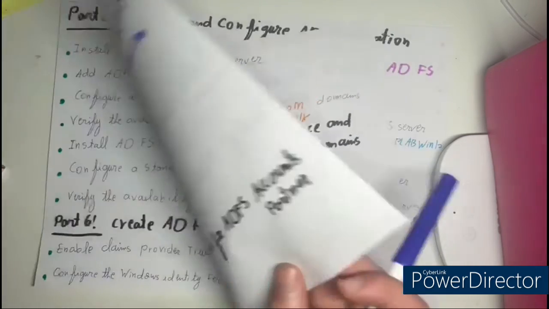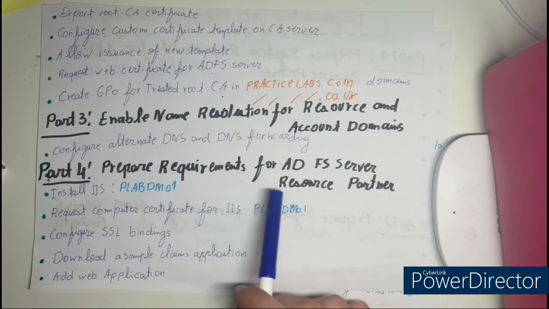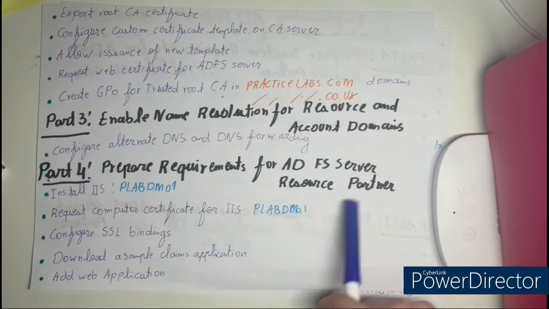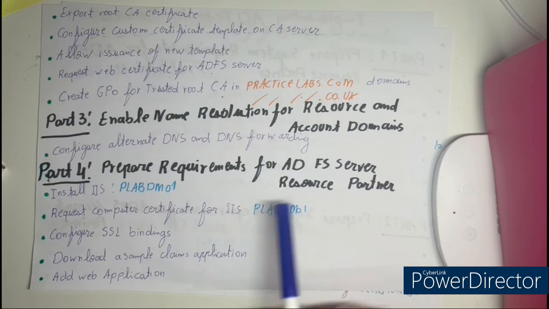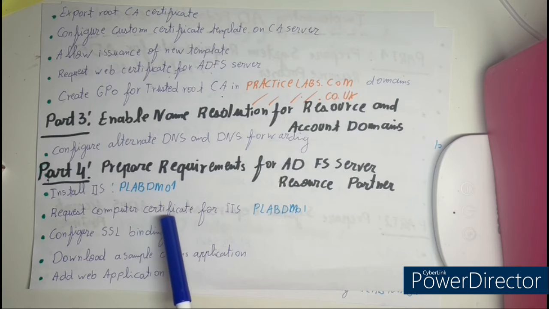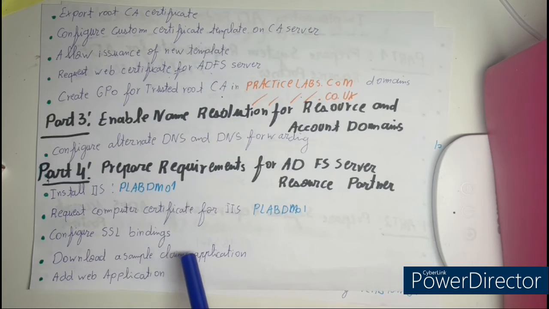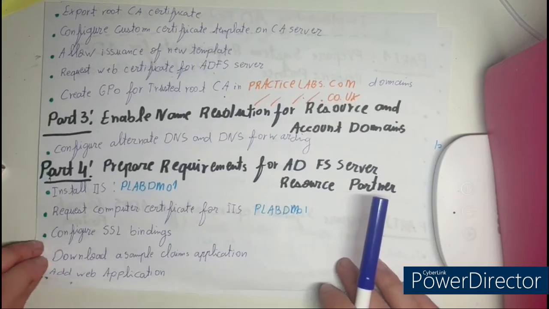Before the last part, we'll be preparing requirements for the ADFS server resource partner, not the account partner. The whole fourth part will be carried out within this server, the plub DM01.